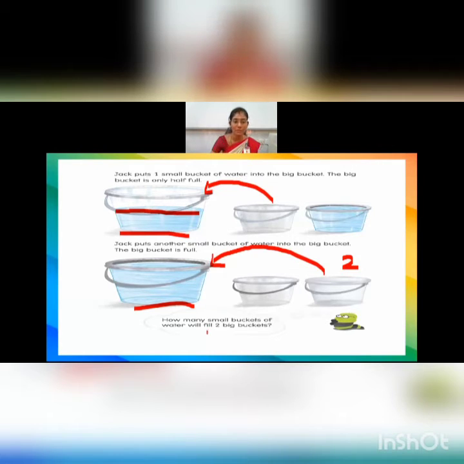Yes, you have to think it and tell me, okay? Yes, I'm getting answers in the chat box. Very good. Here we have one big bucket. So 2 small buckets fill one big bucket. Now, how many small buckets can fill 2 big buckets?